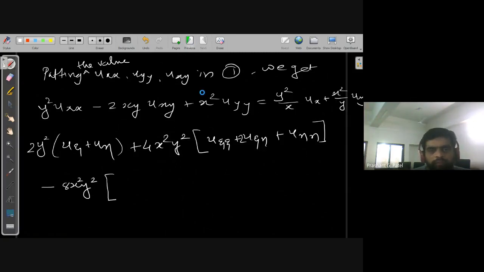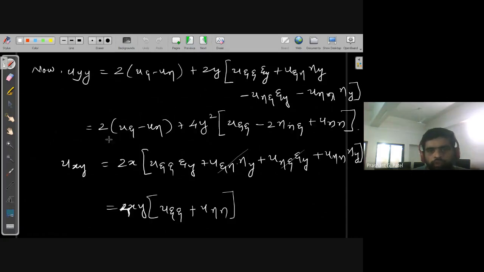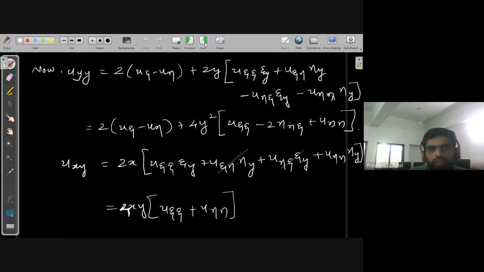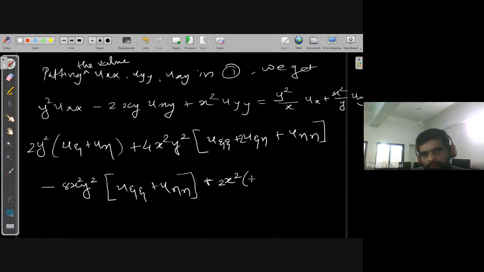Inside bracket you will have u xi plus u eta eta, plus next is x square is there into uyy. So uyy is this. So this should multiply with uyy. So we'll be left with 2 times u xi minus u eta in bracket.